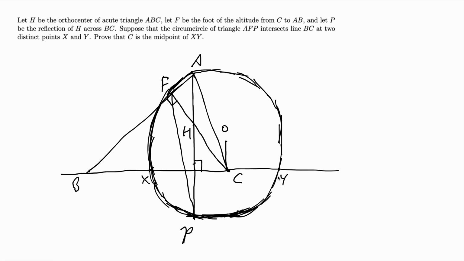Okay, so because we reflected H, should we call this angle alpha? Let me use red color. This is alpha, then this should obviously be alpha. Then because this is alpha, this angle is also alpha. And let's call this beta.